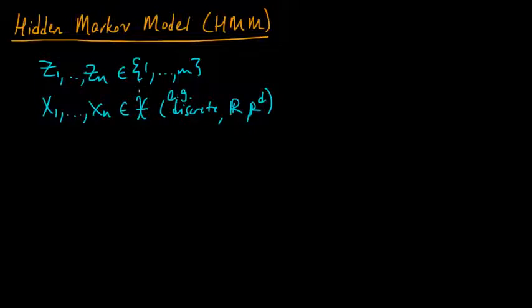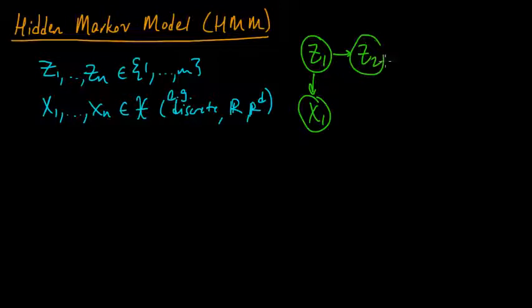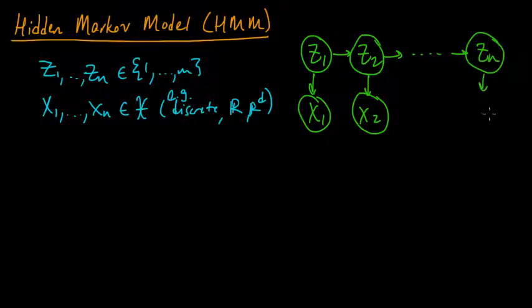These random variables in the HMM respect the following graph. The joint distribution on these random variables respects the graph: Z1, X1, Z2, X2, Z3, and so on, up to Zn, Xn.